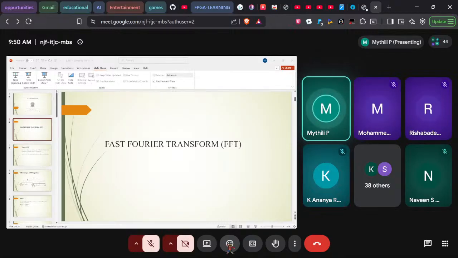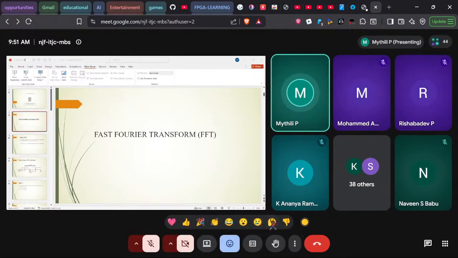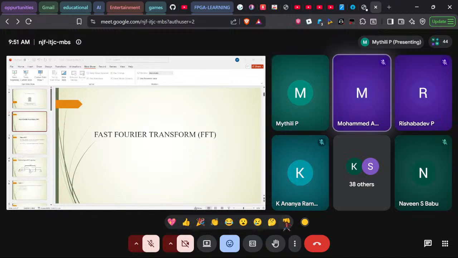I hope you all read this statement. So fast Fourier transforms are just a set of algorithms formulated to compute the DFT with a lesser number of computations, that is, a lesser number of multiplications and a lesser number of additions.